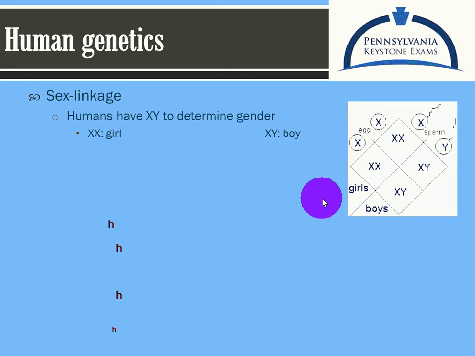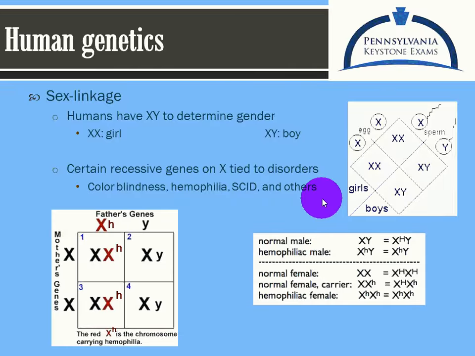If we look at human beings, we can look at gender. And the reason I said before it's a 50-50 shot of having a boy or girl deals not with mom, it deals with dad. So we talked about chromosomes, and chromosomes are really, really big pieces of DNA. The human diploid number for our chromosomes is 46. You have 22 sets of autosomes, and then you have one extra set.